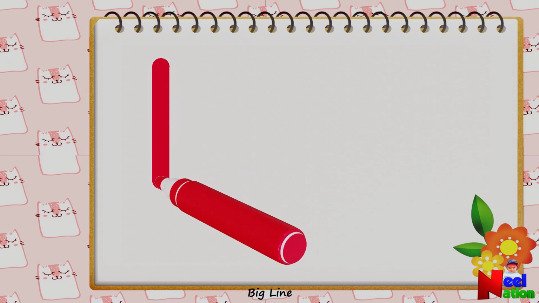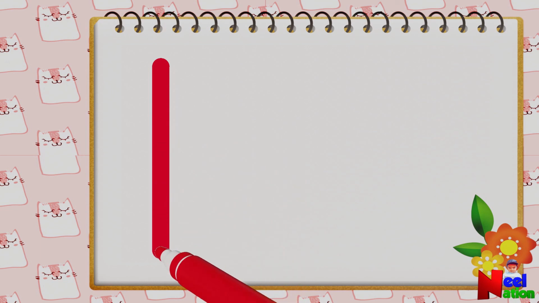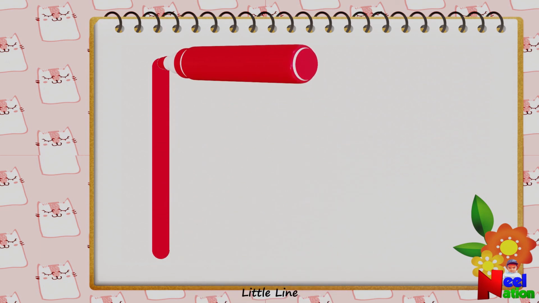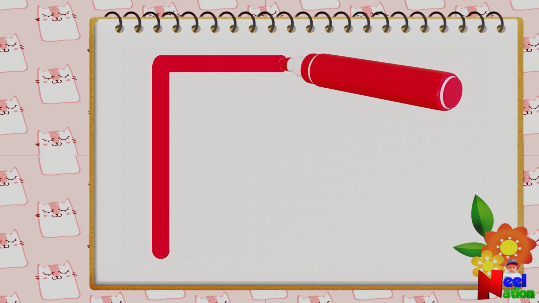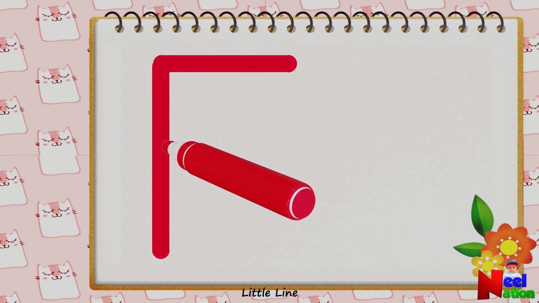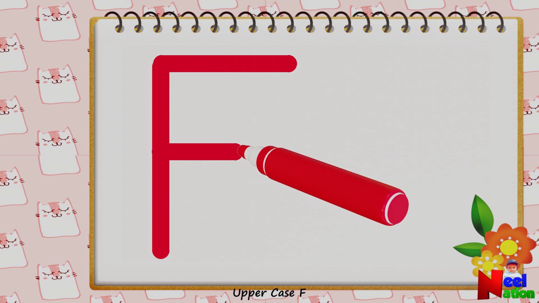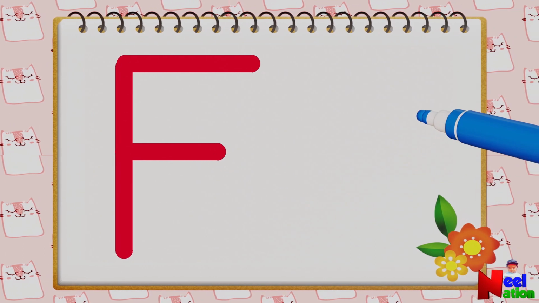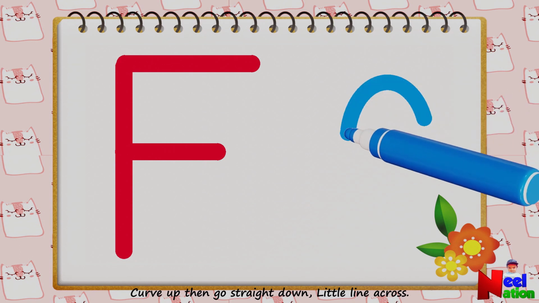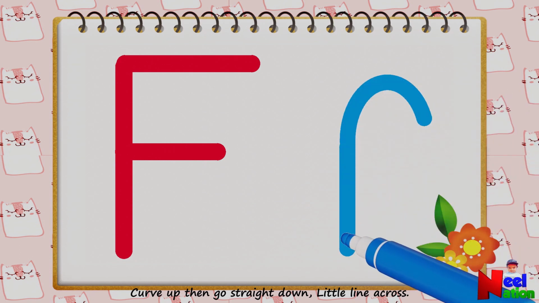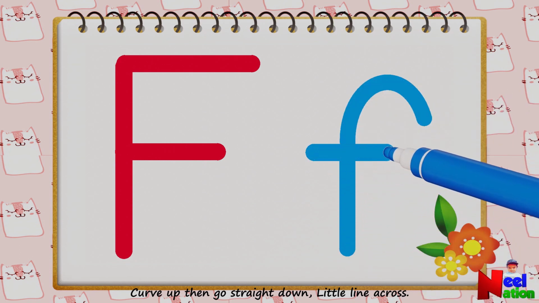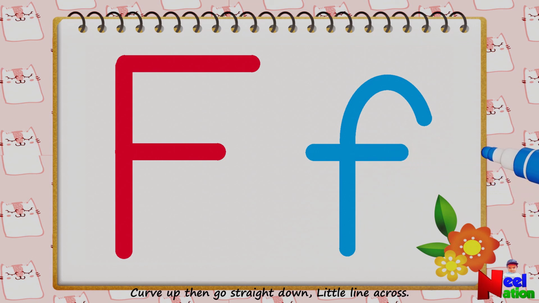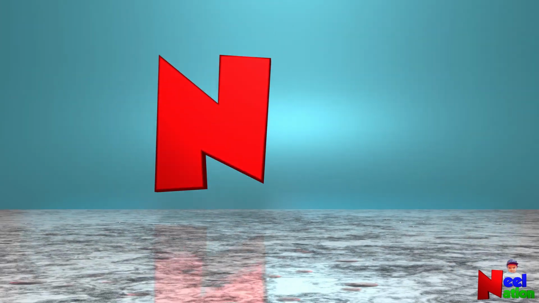Big line, little line, and little line. Uppercase F. Go up and then go straight down. Little line across. Lowercase f. That's awesome! Was it fun?